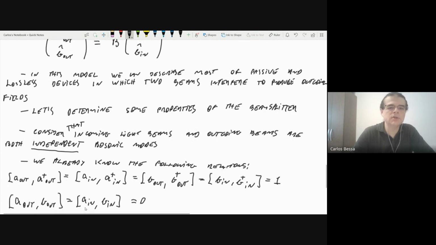So we can see some important properties. I forgot to put here, B, again, I will call B, in principle, a matrix like this. These are the elements, B00, B01, B10, B11. This is the matrix and these are the components. So we can see some interesting relations using these properties.